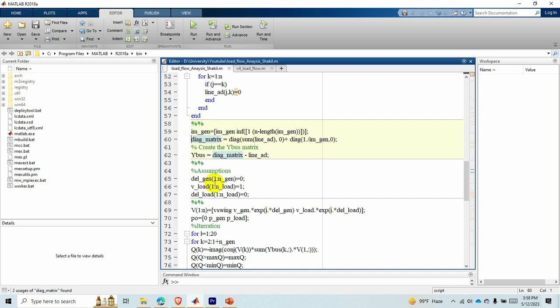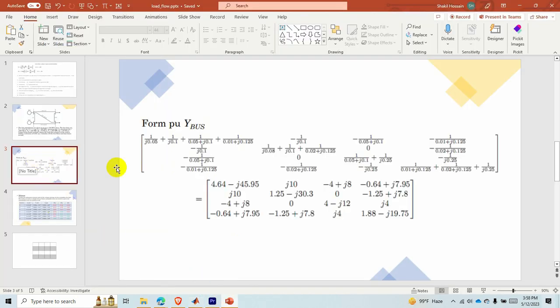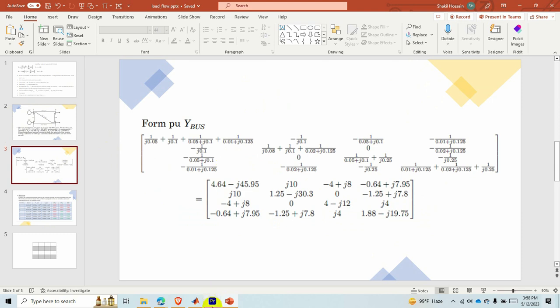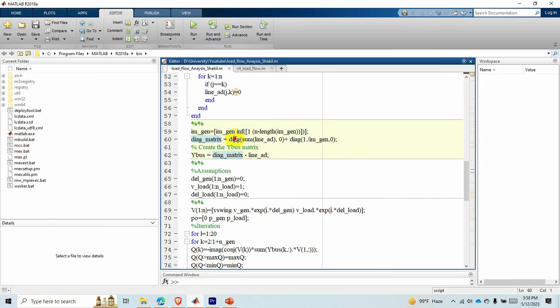As we know, the diagonal of the Y bus is the summation of all admittances connected to the corresponding bus. So let me show you. The Y bus diagonal is the summation of all admittances connected to bus 1, 2, 3, 4 respectively. So I'm doing this by using this command: diag is equal to sum of line admittance.